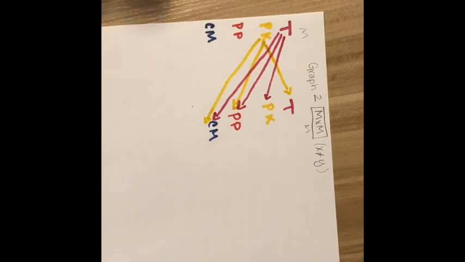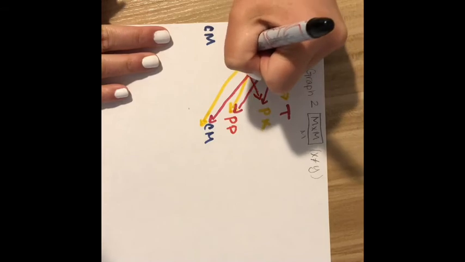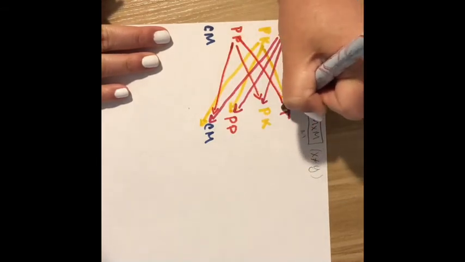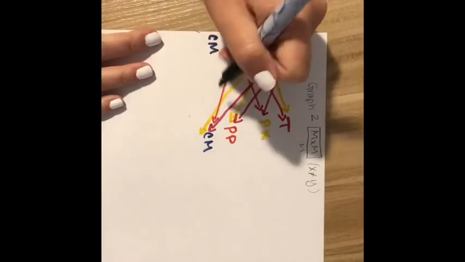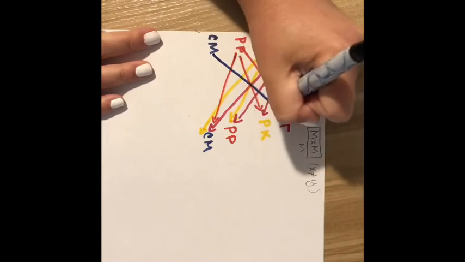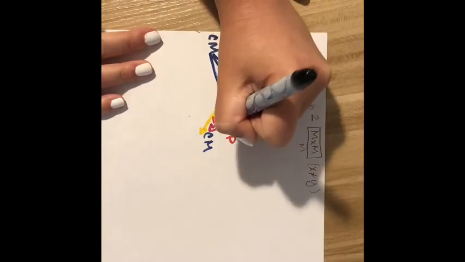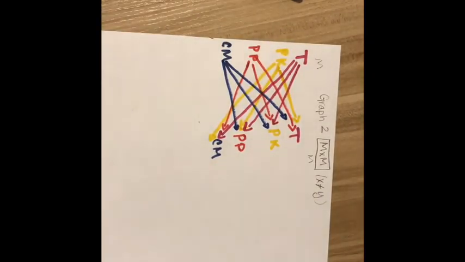You get the idea. Paw Patrol to Pokemon, Paw Patrol to Captain Marvel, Paw Patrol to Trolls. And Captain Marvel, again, Trolls, Pokemon, Paw Patrol. Great. So you can see the beautiful, colorful arrows.